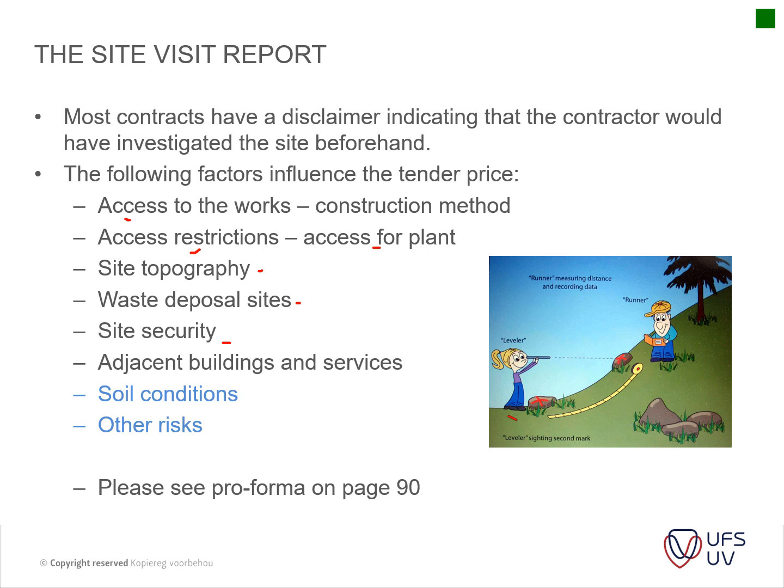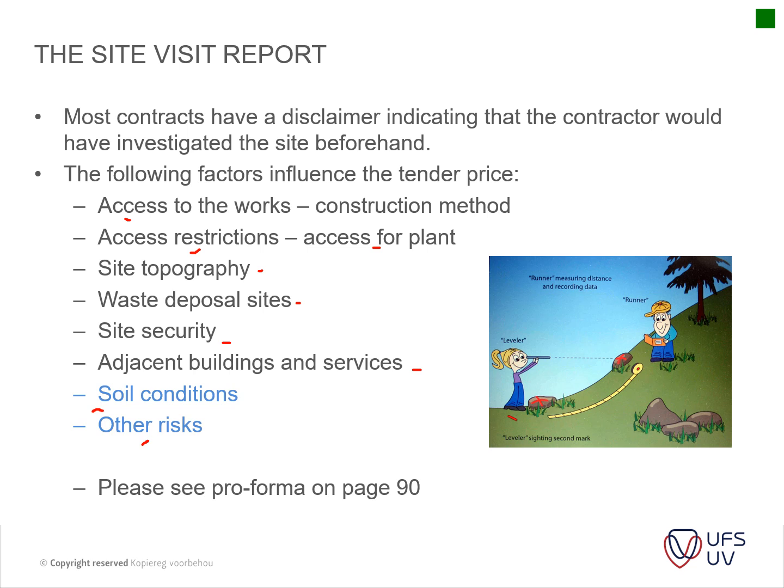Adjustment of your buildings and services, or adjacent buildings. Do you have to do shoring, or when you do excavations, lateral support for your basements, etc.? Very important to look at that. Then I just added the soil conditions that you might look at. Are there maybe any other risks that you can see?